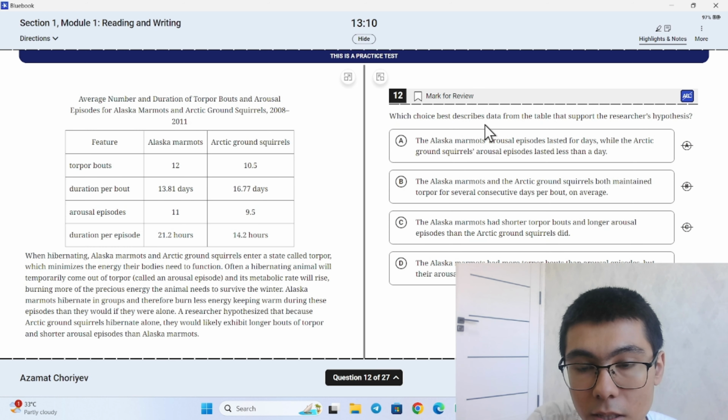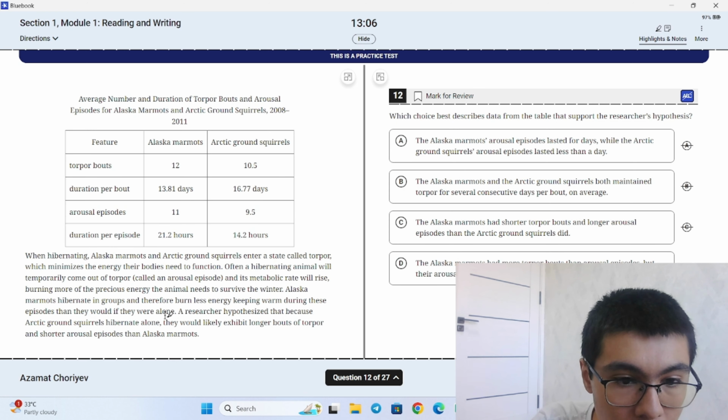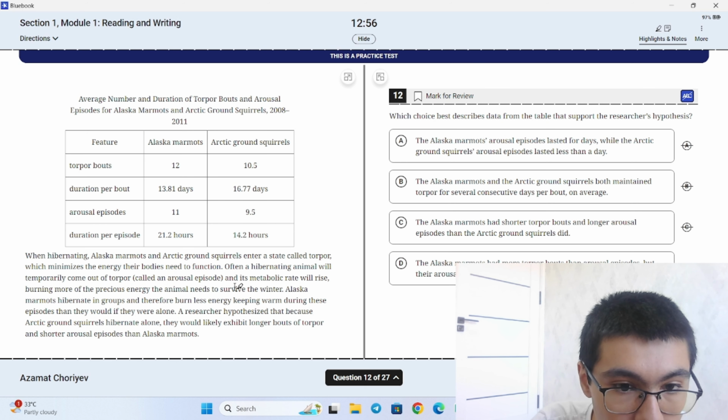I do have a little time left, so I'm going to go faster because I was explaining a lot in those questions. In grammar and transition questions, I was explaining a lot, so that's why I'm going a little faster. Price, okay. Burn less energy. Okay, so this is important.